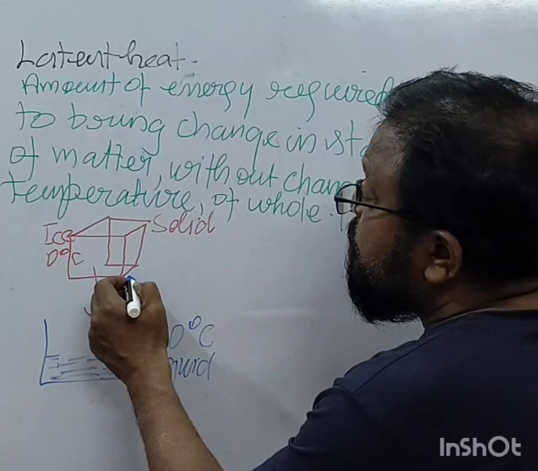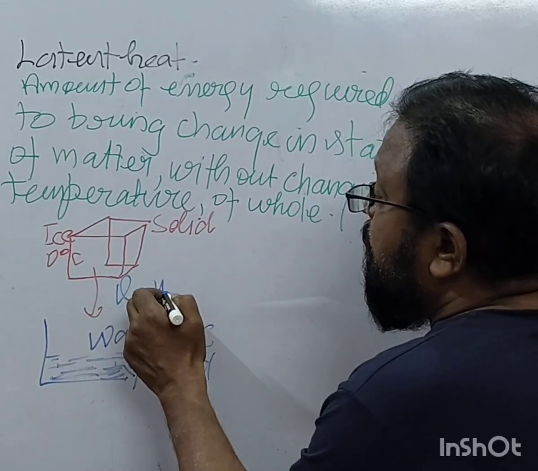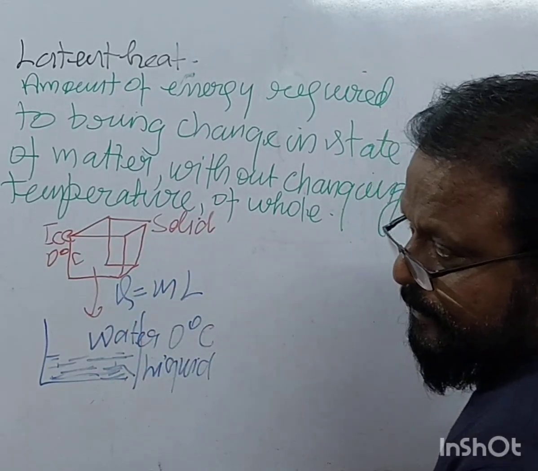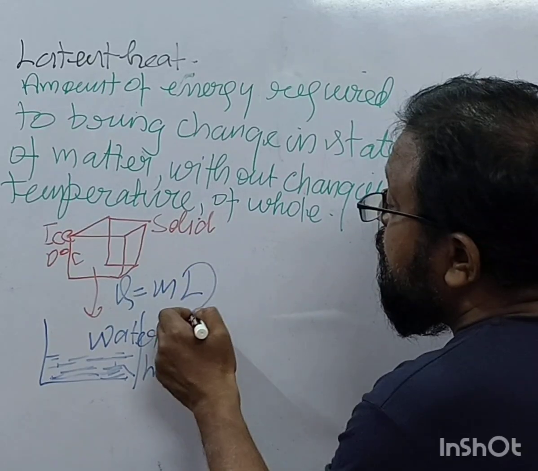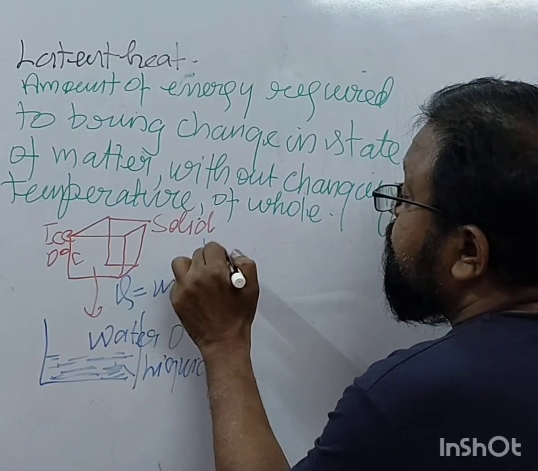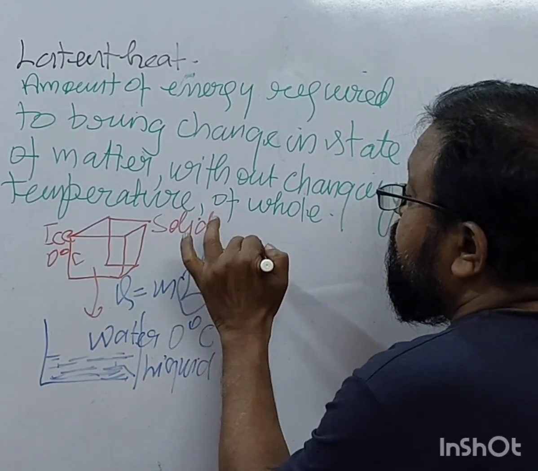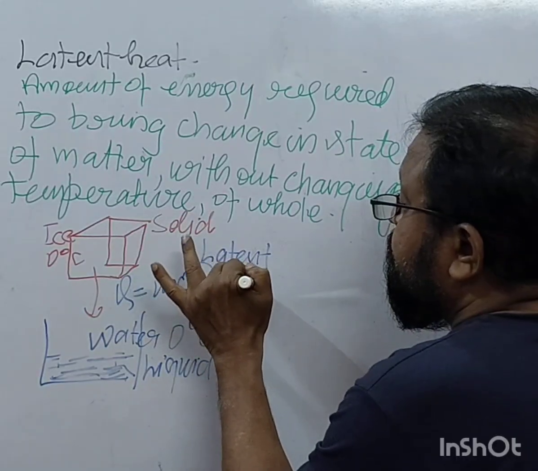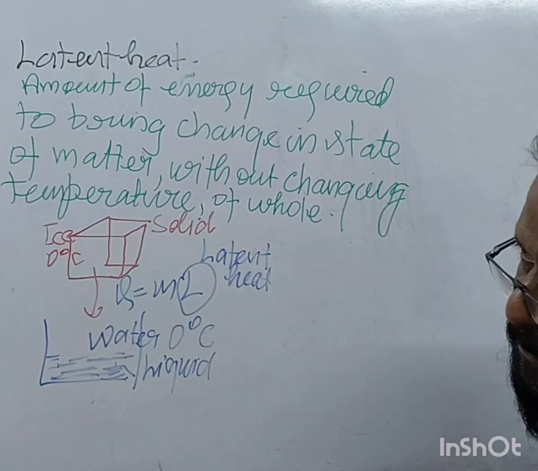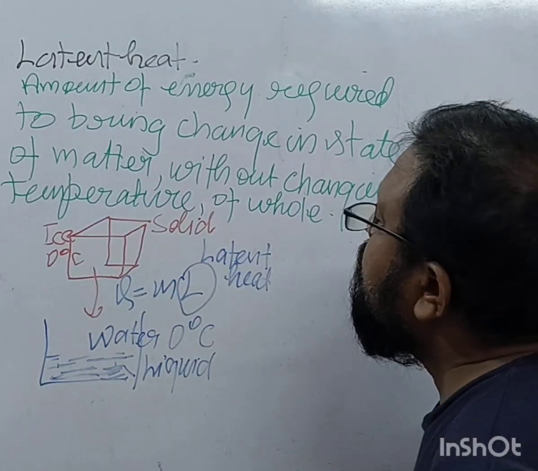So we write Q is equal to mL. L is latent heat, right?